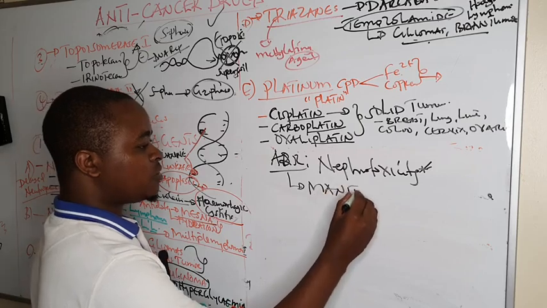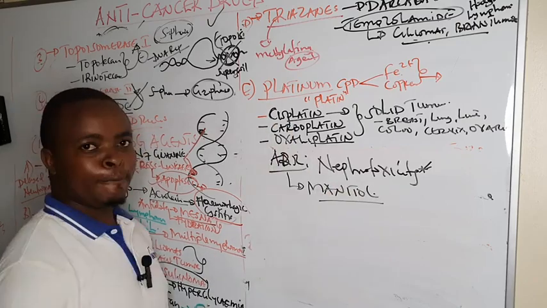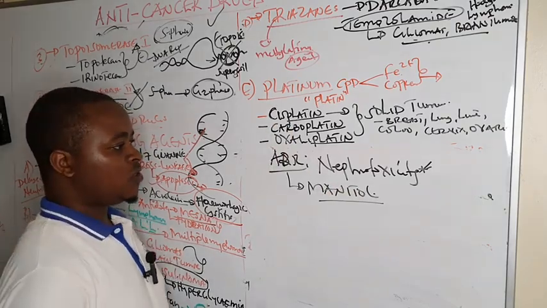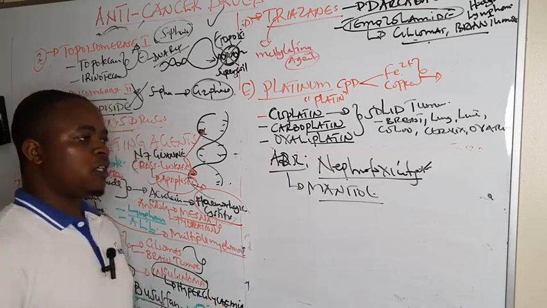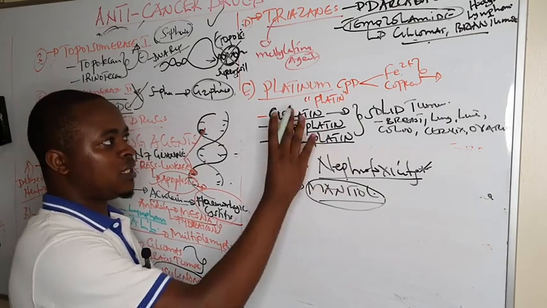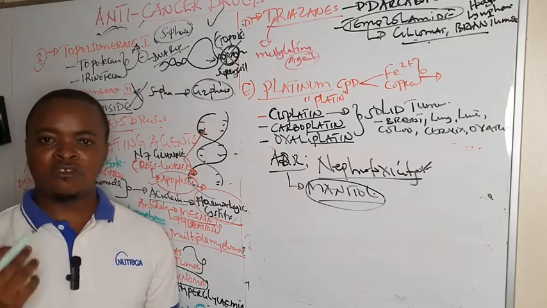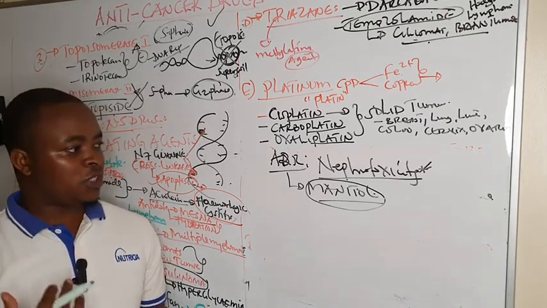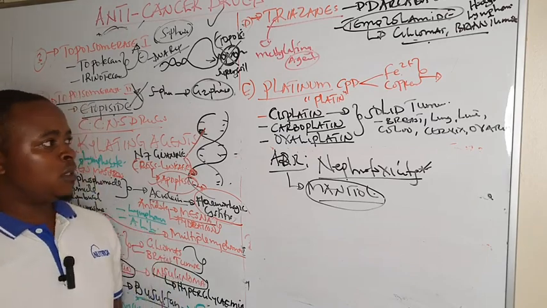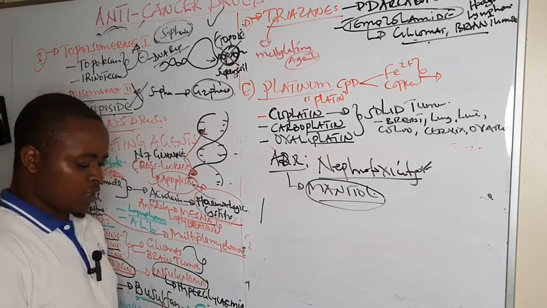If we give mannitol, we are able to increase their excretion so that they do not cause kidney failure. And that is the antidote we can use when we are utilizing platinum analogs, which are used in the treatment of solid tumors.